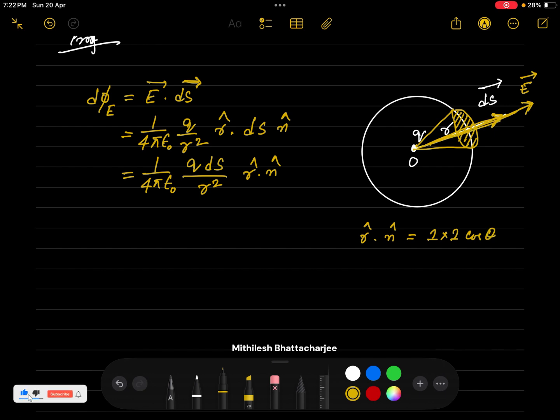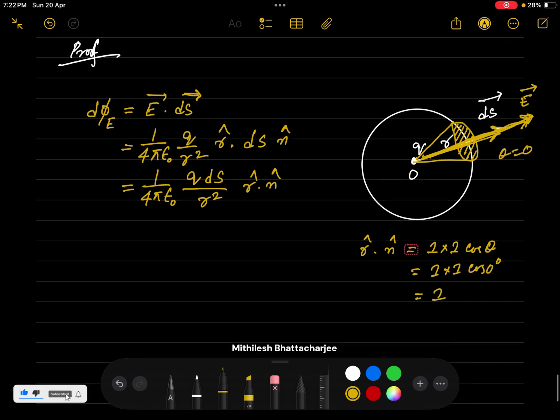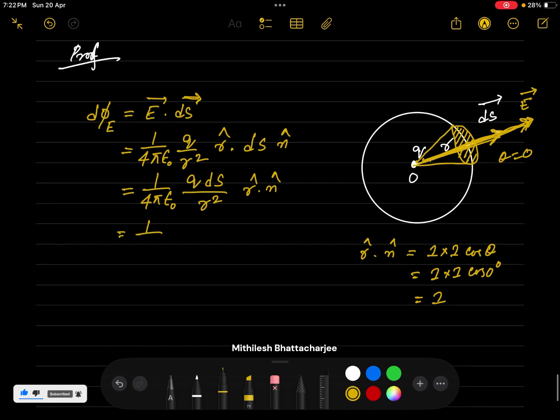Now theta is how much? Theta is 0, isn't it? ds is in this direction, E is in this direction. So 1 into 1 into cos 0 degree, and the value of cos 0 degree is 1. So we get 1 by 4 pi epsilon naught q ds by r square. Okay, is this clear?